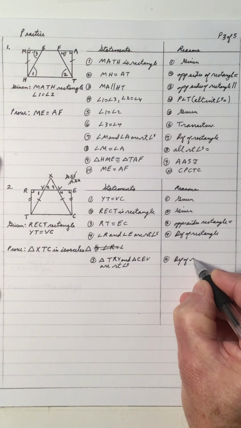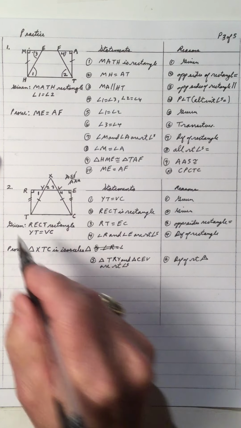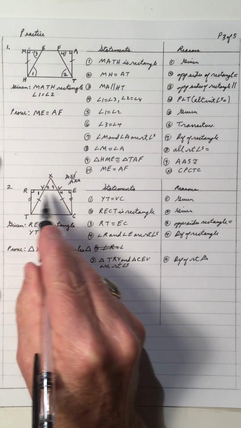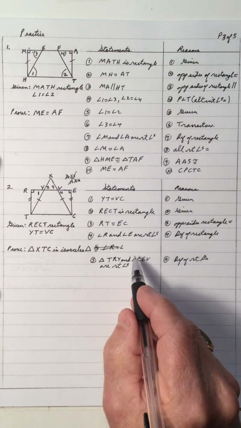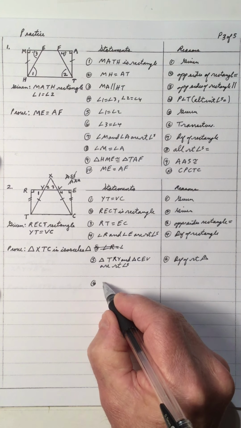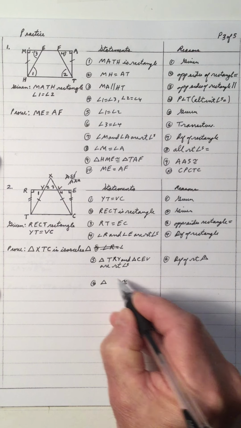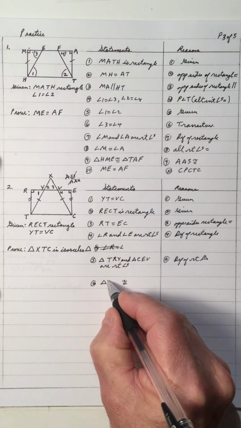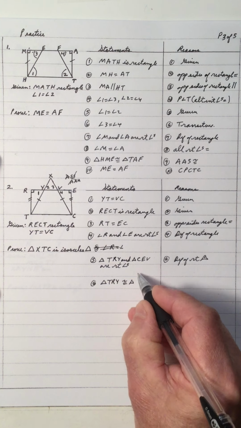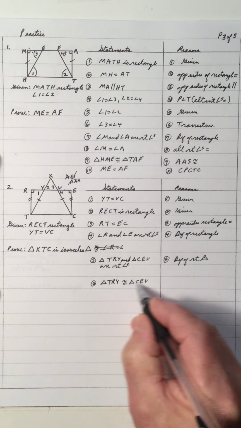Definition of right triangles. Remember, I was going to say they're equal, but that would end up with an ASS. So I have to say they're right triangles, and because I have right triangles, then the triangles can be congruent. So the triangles are TRY is congruent to triangle CEV. These 2 triangles are congruent.